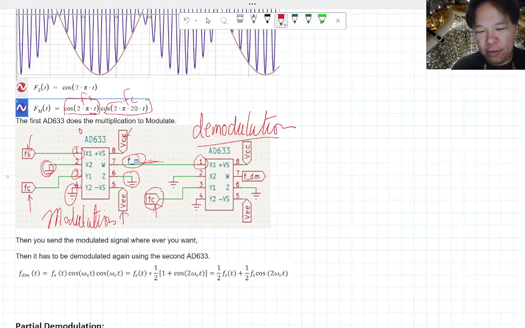You don't need the signal, you need the carrier. This is connected in a similar way, and then the demodulated signal will come out of pin 7 once again. But remember, this is a combination of high and low frequency. Then you put this through a low pass filter, which can be inverting or not.